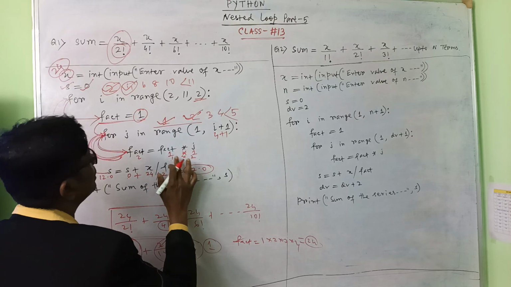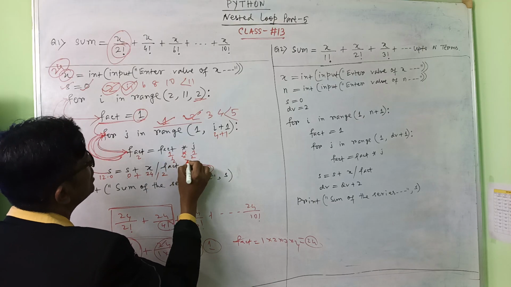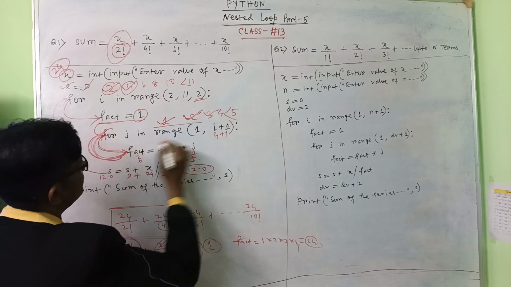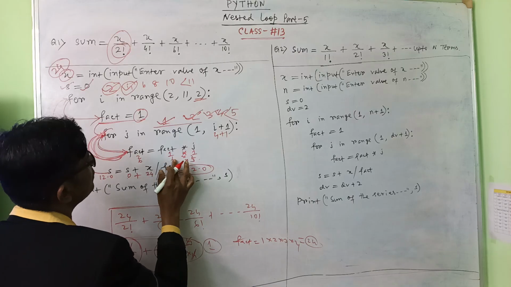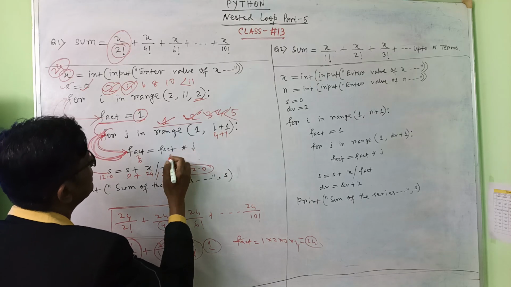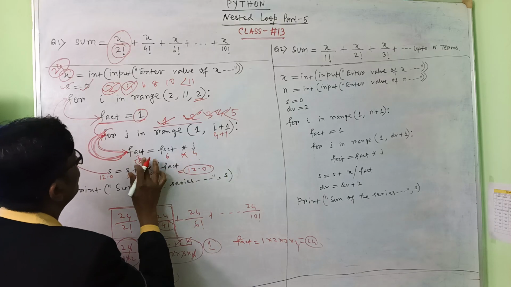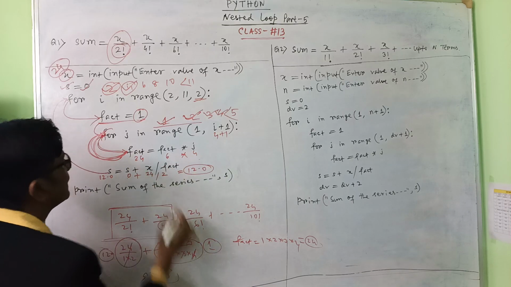So go back. Next time it will be 2 into 3, J will be 3. So it will be 6. Next time J will be 4. So 6 into 4, equal to how much? 24. That is the result you are getting.